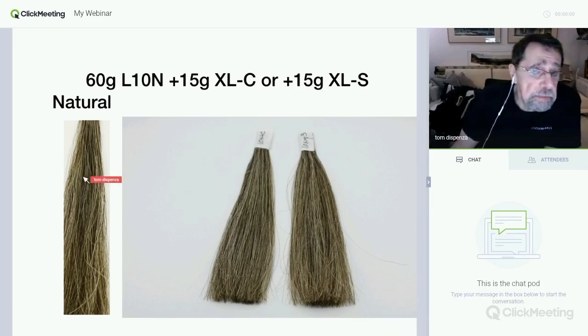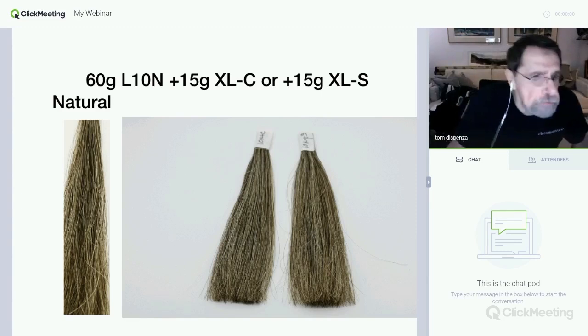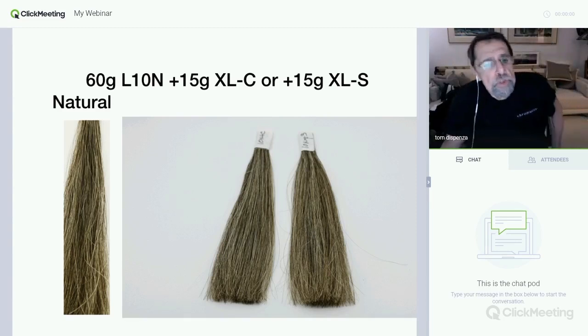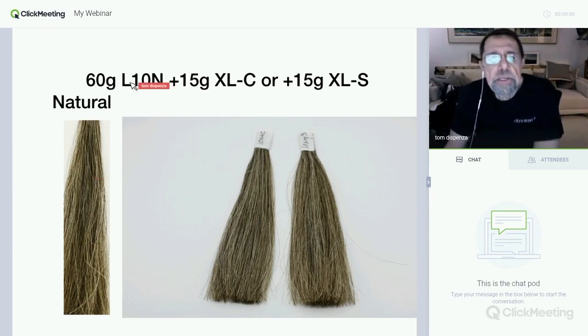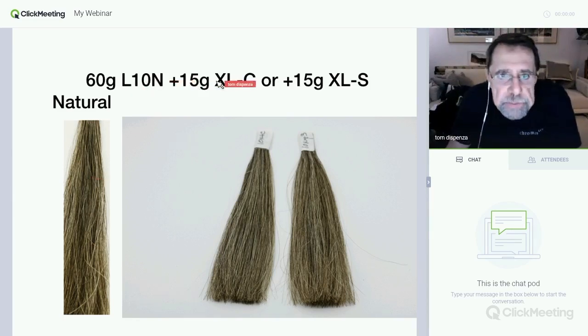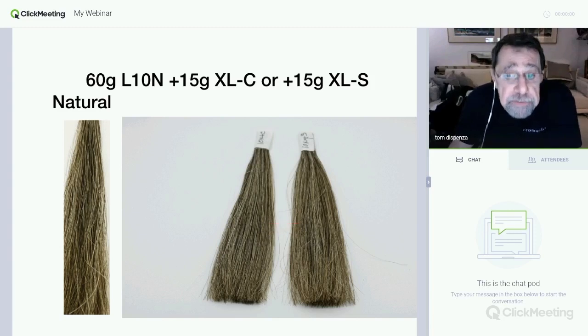So I'm starting here with a natural swatch that is a light brown with about 50% interspersed white hair. So it's 50-50 gray. I used liquid 10N plus 15 grams of XL cream, and I mixed it with 20 volume developer and only left it on the hair for 10 minutes.